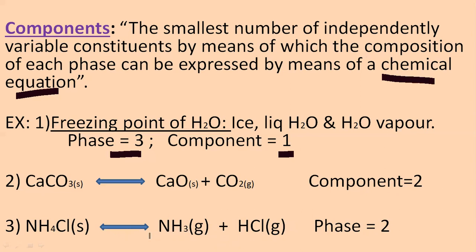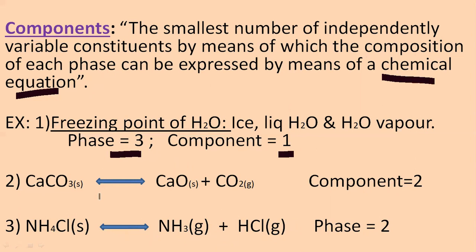So overall, in simple words, component deals with the chemical composition, whereas phase means the homogeneously physically distinct part of the system separated by definite boundary surfaces.